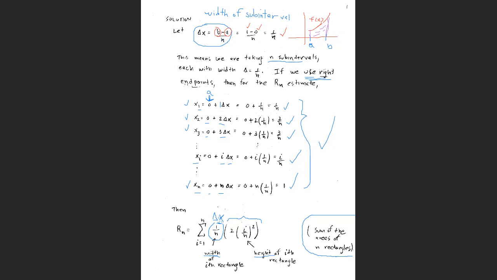Now this 2 times i over n squared, that's just equal to f of what? What is 2 times the quantity i over n squared? That's f of what? Need to put something in here.